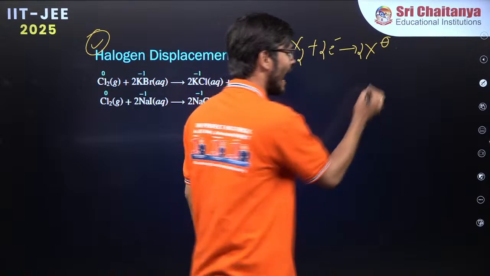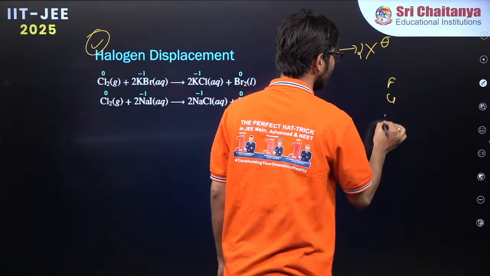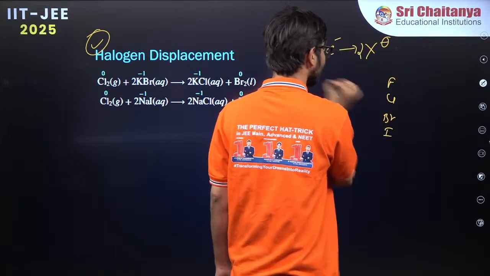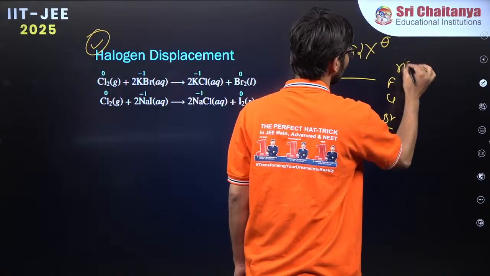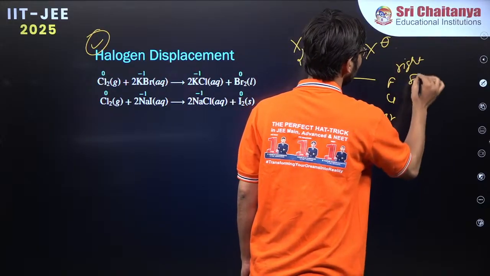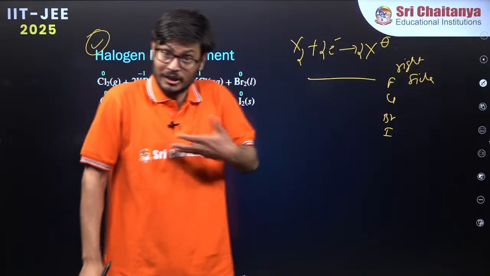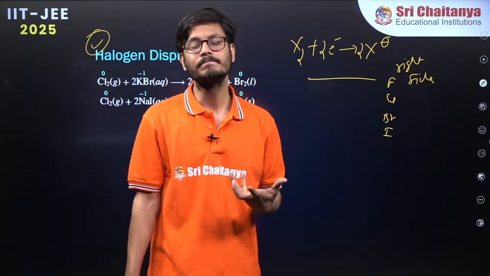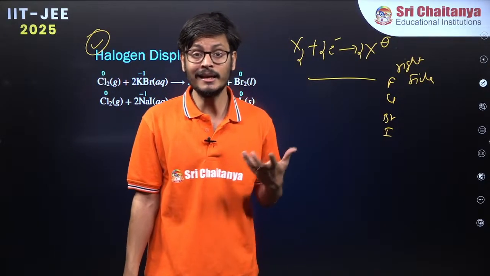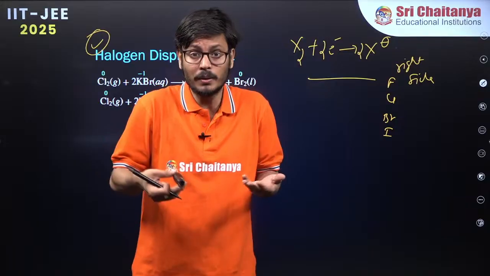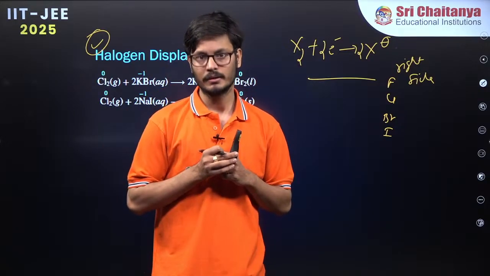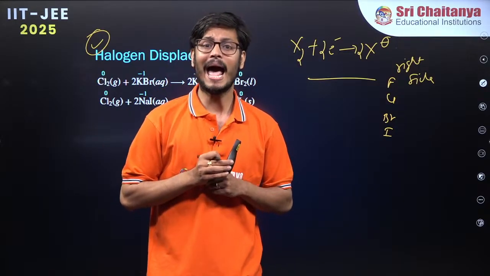Because we know halogens, fluorine, chlorine, bromine, iodine, lie on the right side of the periodic table. Because of that, their electronegativity is very high, so they are more susceptible to accept the electron.